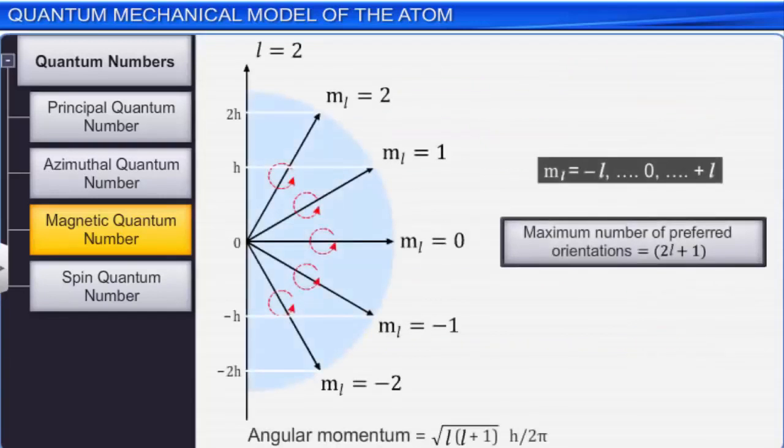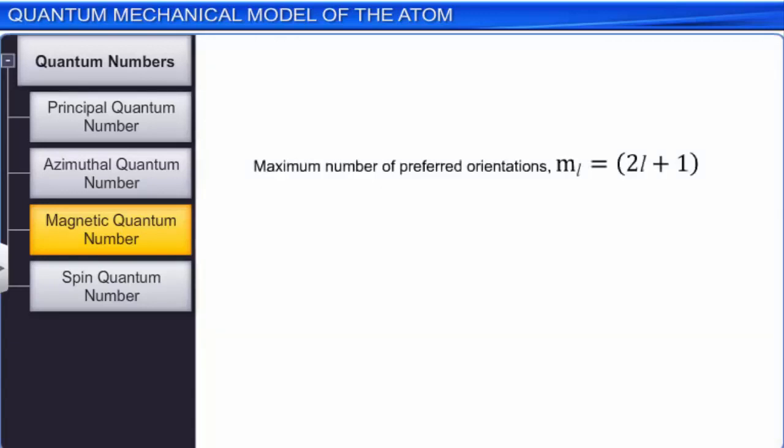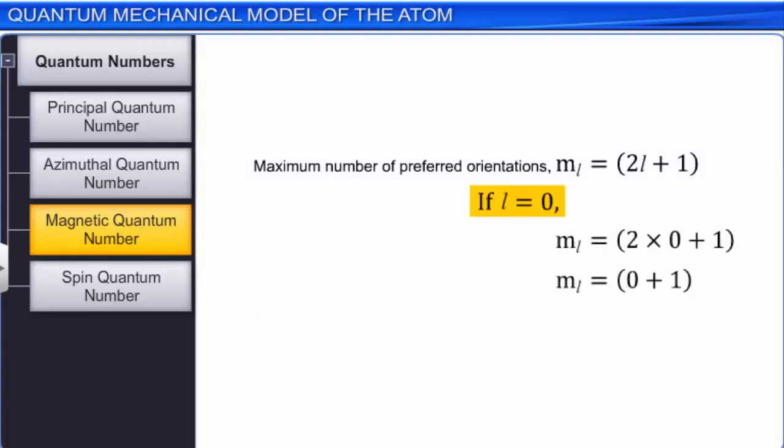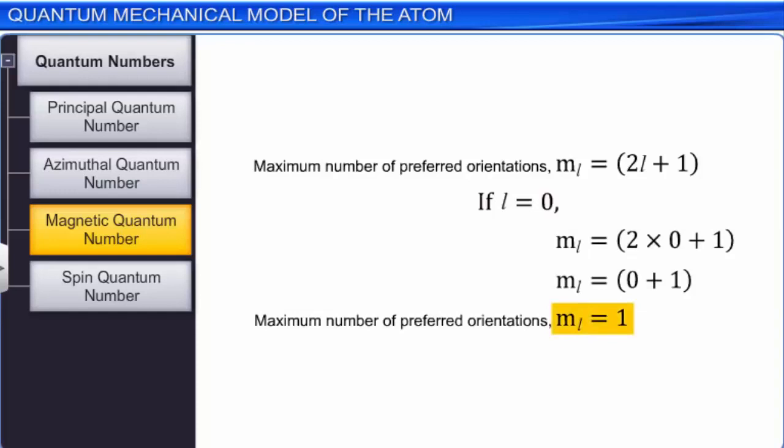For a subshell, there can be a maximum of 2L plus 1 preferred orientations or orbitals with values ranging from -L to +L, including 0. Hence, for L is equal to 0, the number of preferred orientations is equal to 1.